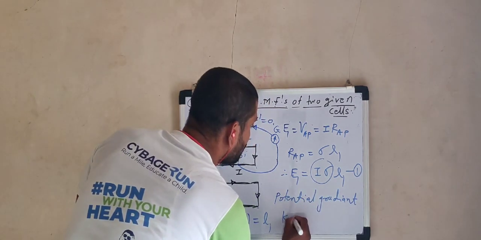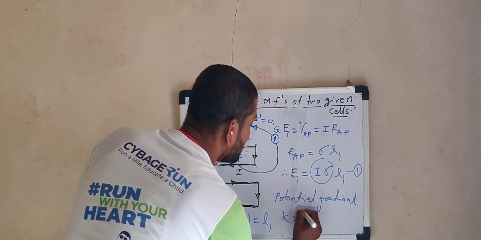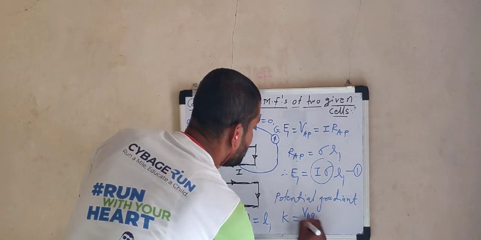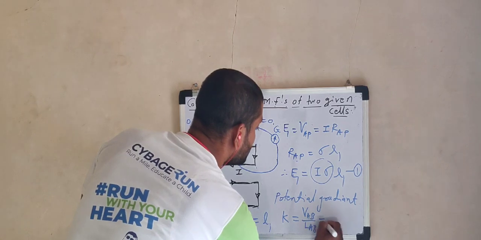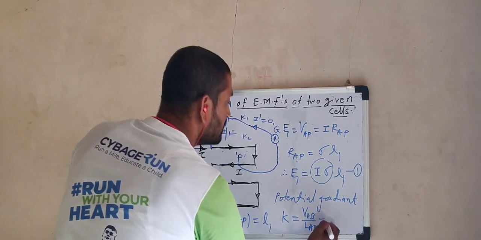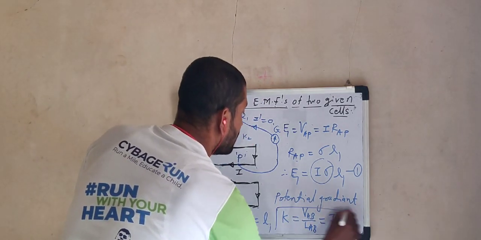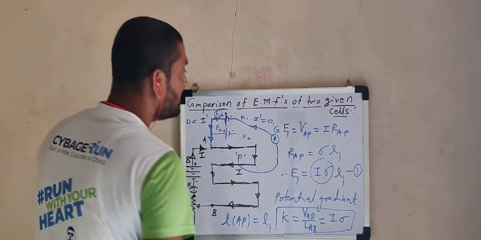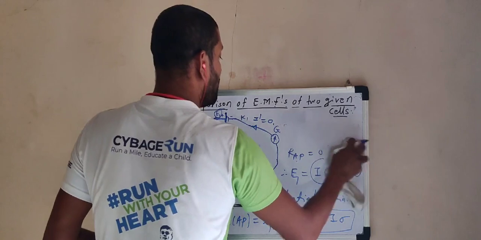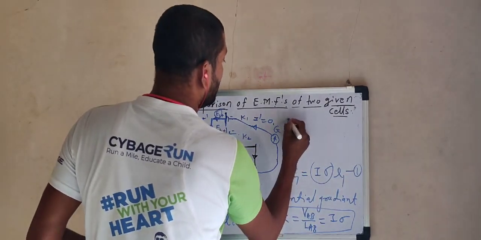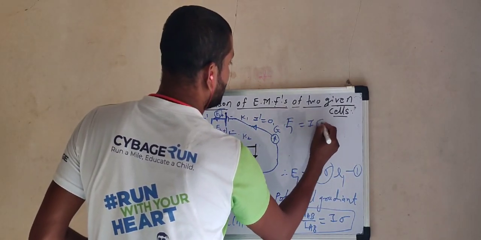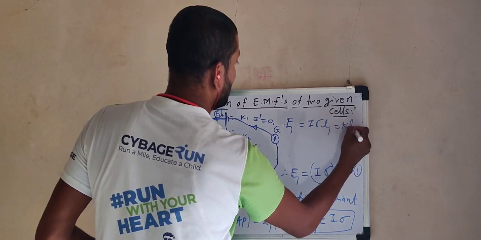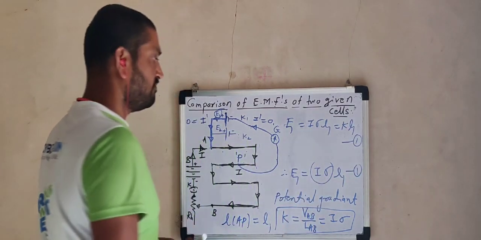It is denoted with the symbol K, and this potential gradient K is equal to VAB divided by LAB. This is also equal to I sigma. So I sigma can be replaced with the symbol K, and hence we can write the EMF of the given cell E1 is equal to I sigma L1, or you may write it as KL1. This is equation number one.